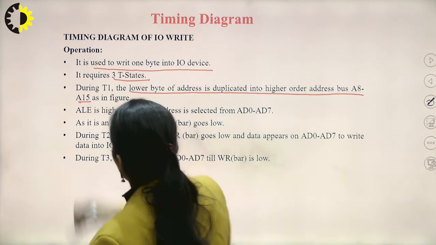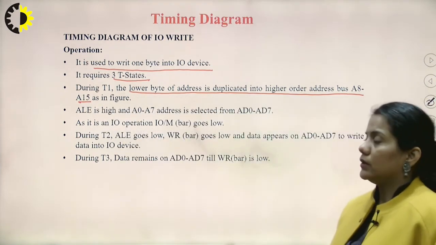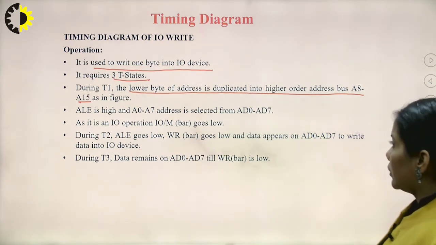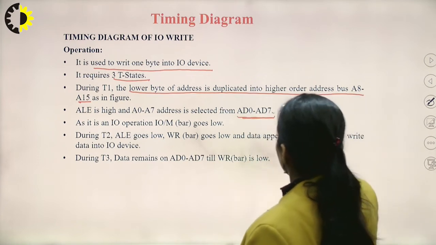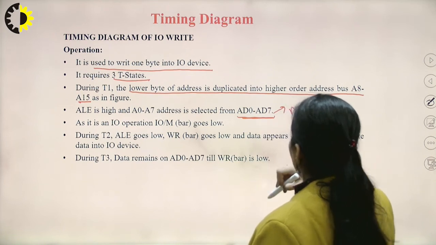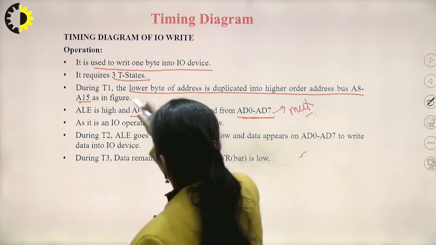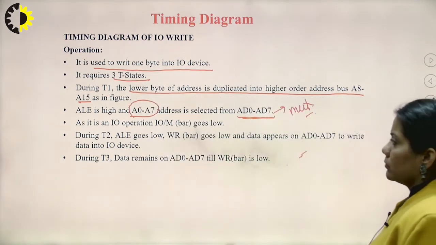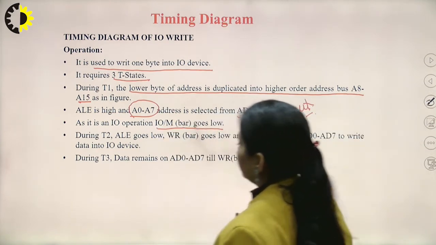As shown in the figure, ALE is high and the A0 to A7 address is selected from AD0 to AD7. So these are the multiplexed pins, and these are used to carry the lower order address. As it is an input-output operation, IO/M-bar goes high.